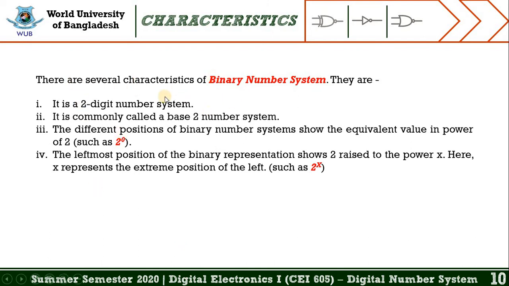Now we may learn from this slide the characteristics of the binary number system. There are several characteristics, such as: it is a 2-digit number system. Second, it is commonly called a 2-base or base 2 number system. Next, the different positions of a binary number show the equivalent value in powers of 2, such as 2 to the power 0 for the LSB, which stands for least significant bit.